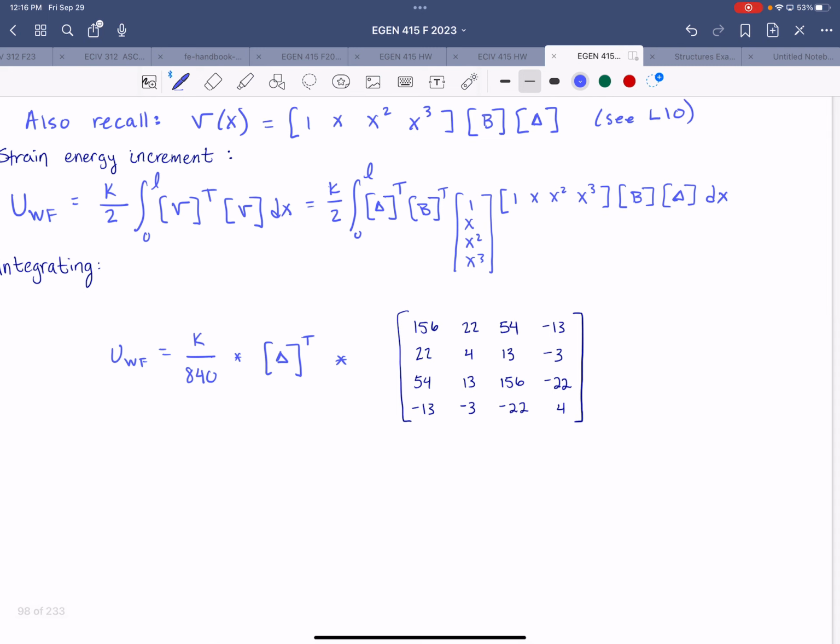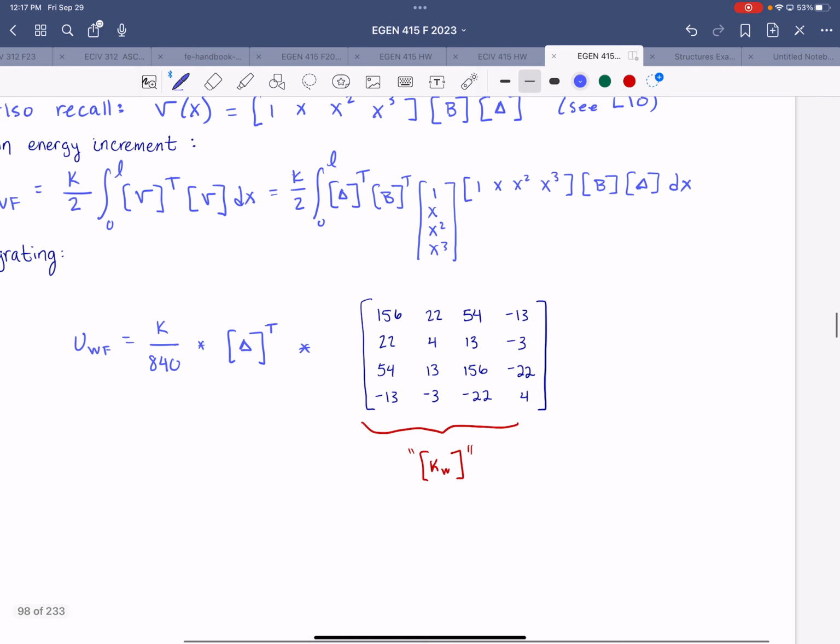In my notes, I am just abbreviating this matrix as kW for future reference. And then that will be multiplied by our generalized displacement matrix, which I'll write out here: displacement at node 1, and then theta 1 L, displacement at 2, and theta 2 L. So that's just your delta matrix there.